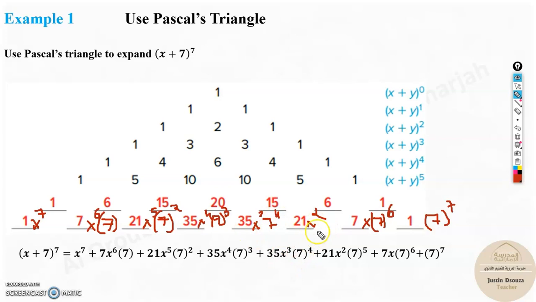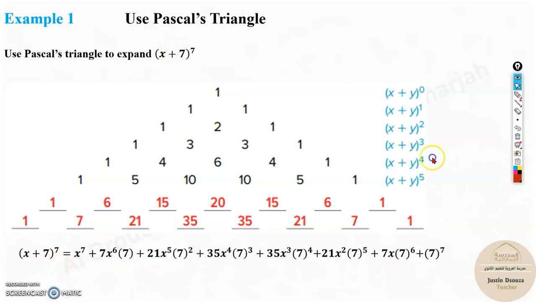X to the power 3, 7 to the power 4, and 7 to the power 5, x squared, 21, 7x, 7 to the power 6, and lastly 7 to the power 7. This is how we can expand using Pascal's triangle. Now, this is the expansion.